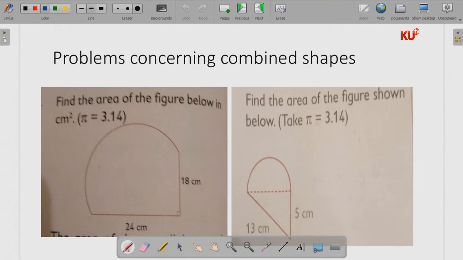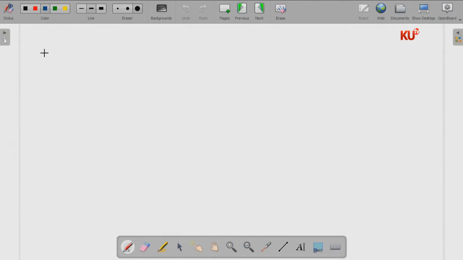That is not a quarter circle. There are 2 shapes there. I want to show you that there are 2 shapes there.